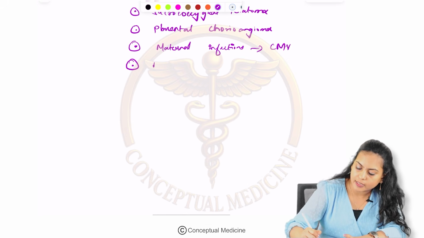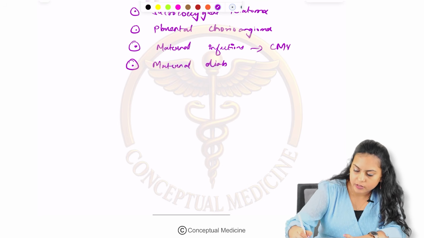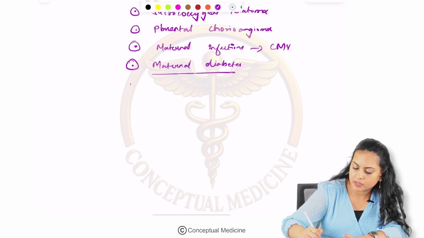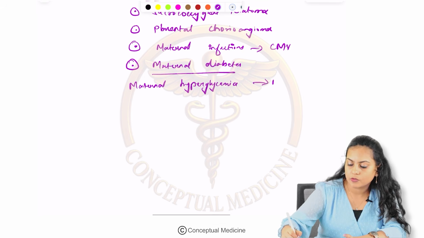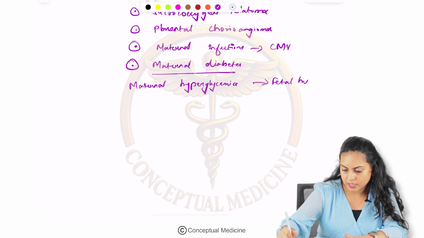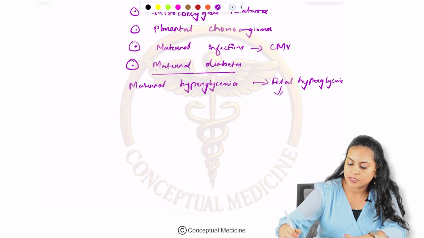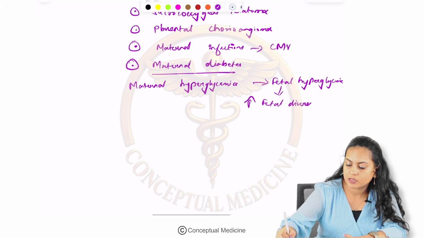Also, it is seen in maternal diabetes. Here what happens is there is maternal hyperglycemia which will be leading to fetal hyperglycemia. So this is leading to increased fetal diuresis, and that again leads to polyhydramnios.